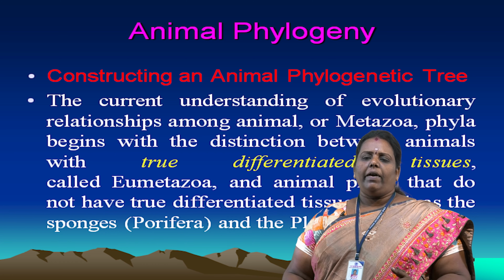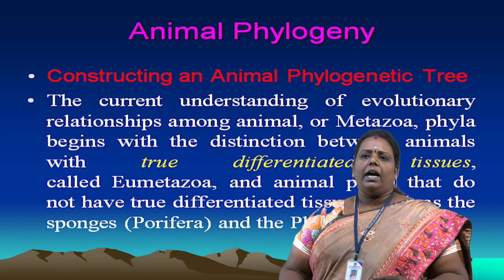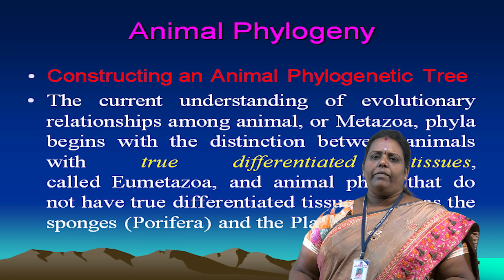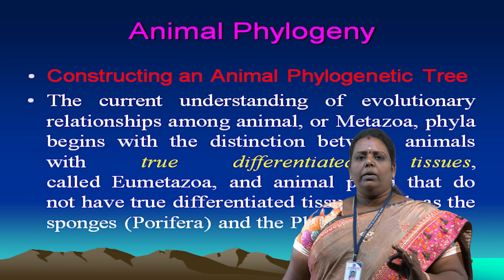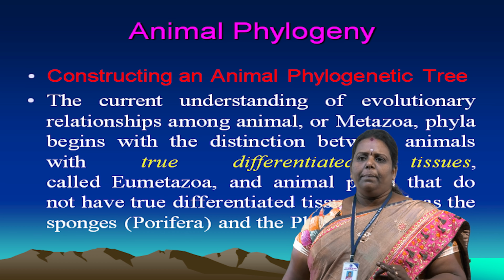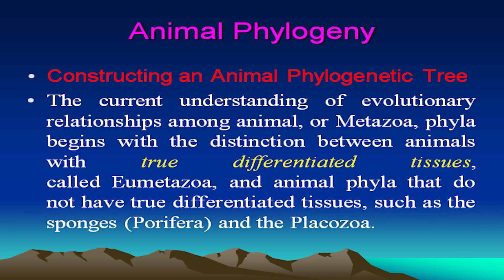In constructing animal phylogenetic trees, we use the current understanding of evolutionary relationships among animals. Already I told you, protozoa is a primitive animal, and the next animals are metazoa. Which animals are metazoa? All metazoan animals are multicellular organisms. That is very important.